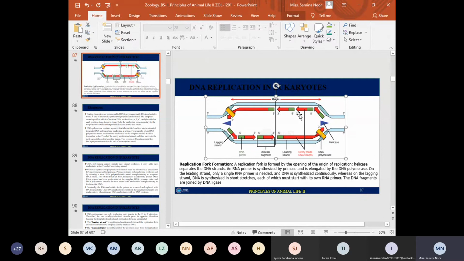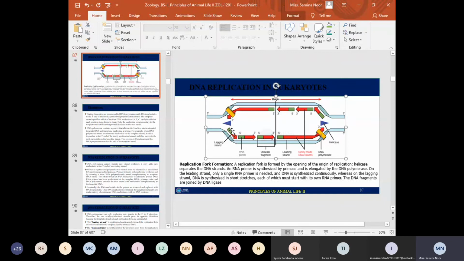And in case of the lagging strand, as you can see here, the direction in the leading strand is towards the replication fork, and in case of the lagging strand, the direction of the new DNA strand is away from the replication fork.